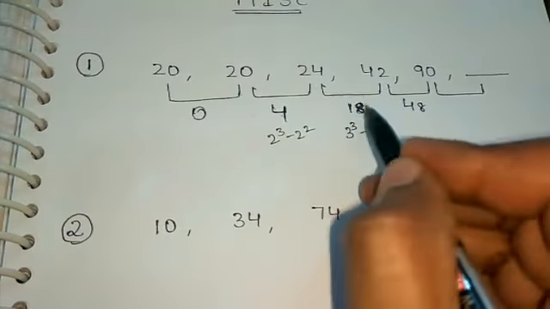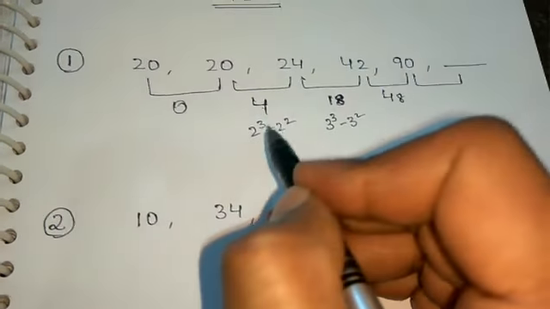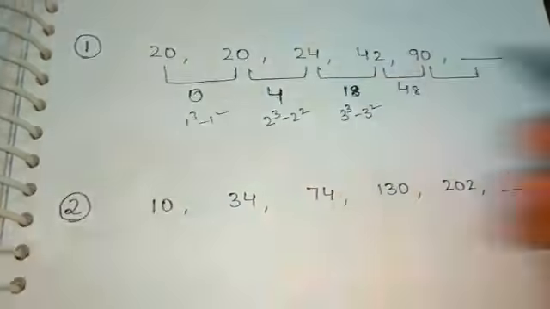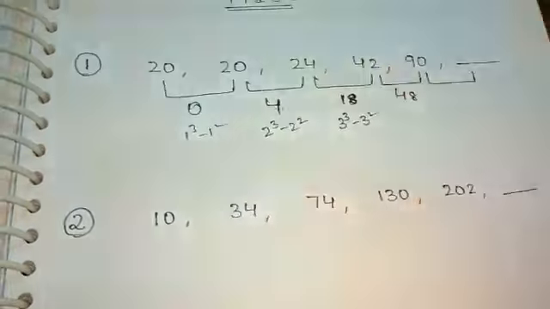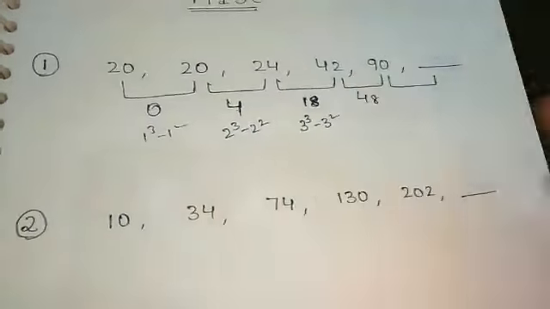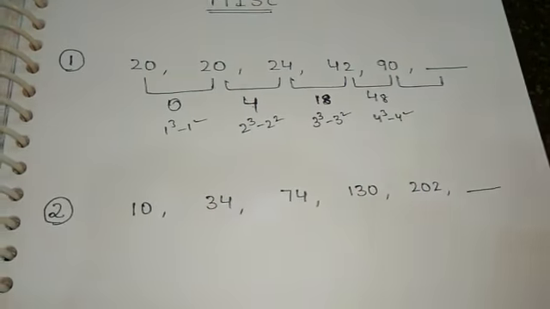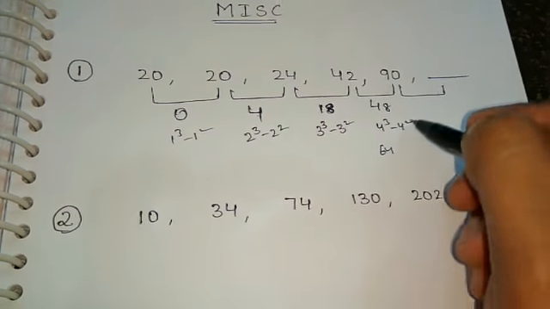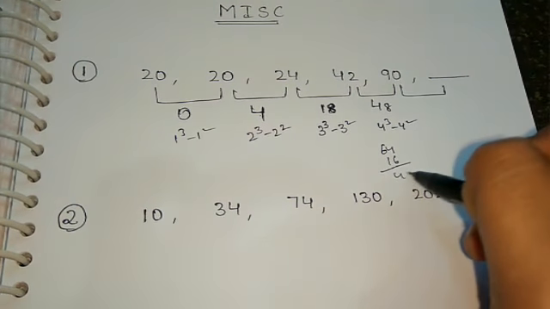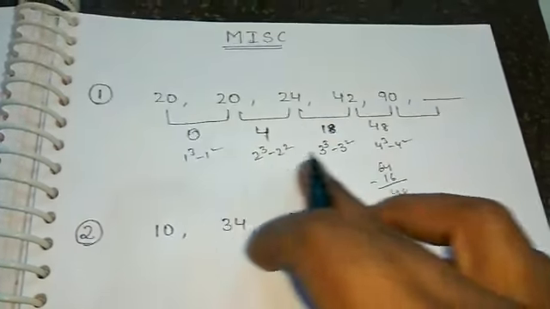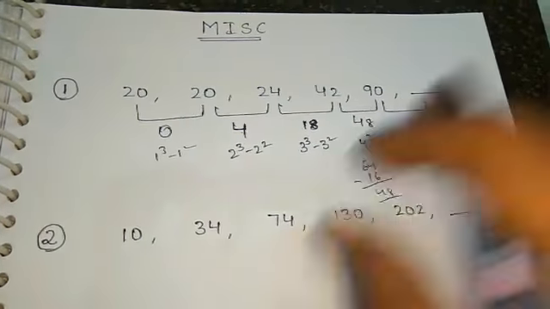Whenever you find 4 and 18, you should see this possibility first. Now it will be 1 cube minus 1 square, so 1 minus 1 is 0. See the 48: it should be 4 cube minus 4 square. 4 cube is 64, 4 square is 16, so it is 48. Yes, so this series is happening here.